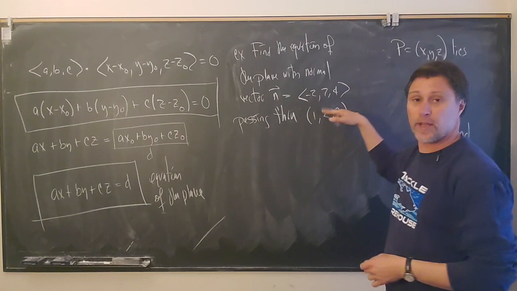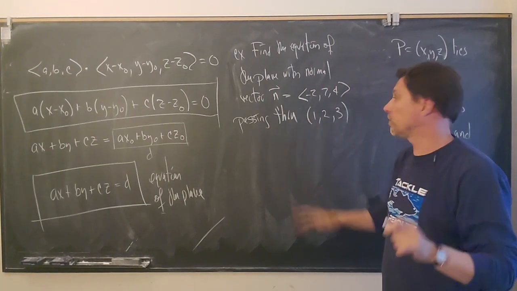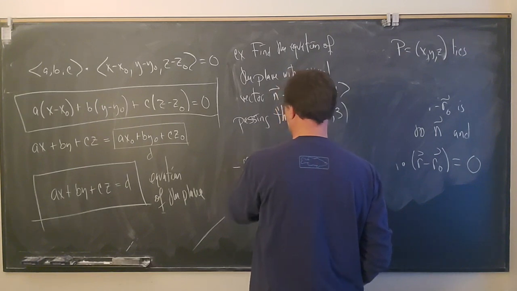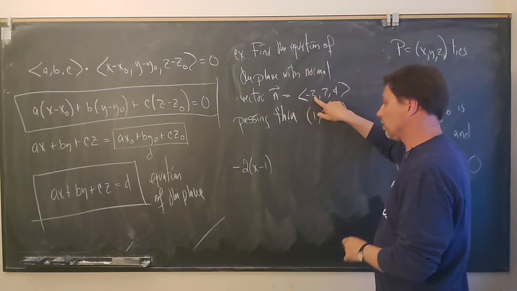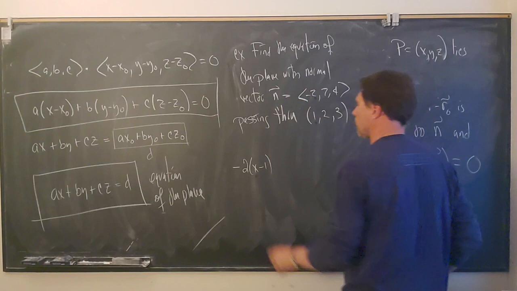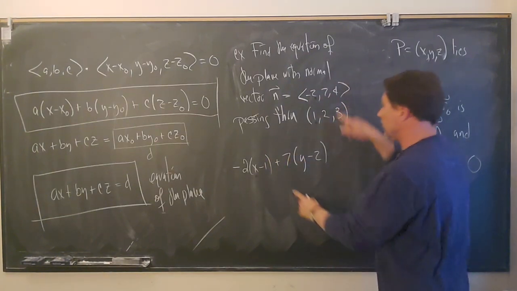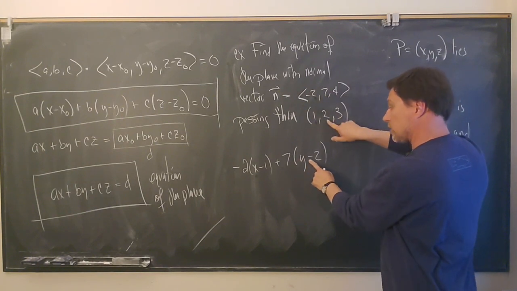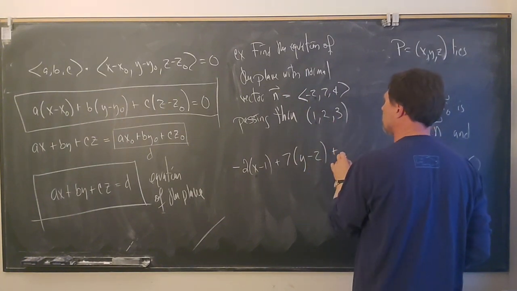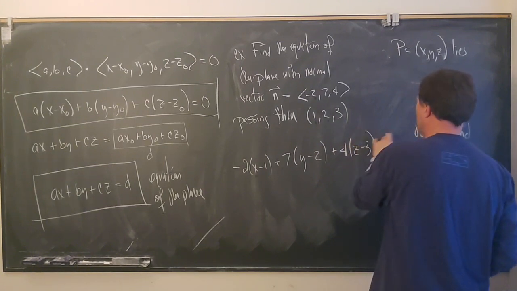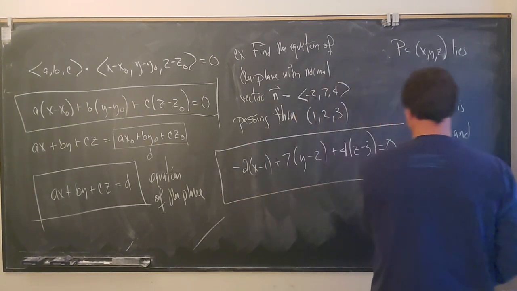If you have this information right here, you can just write down the equation of the plane. It's going to be negative 2 times x minus 1, plus 7 times y minus 2, plus 4 times z minus 3 equals 0. There it is.